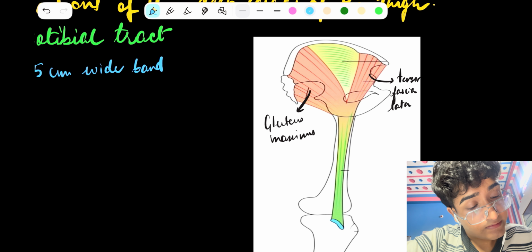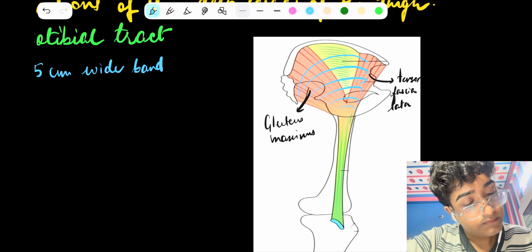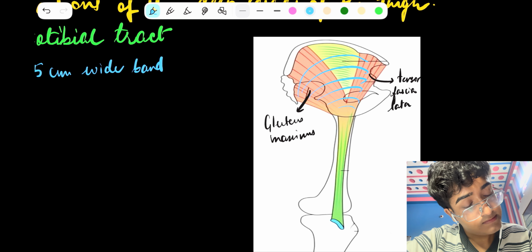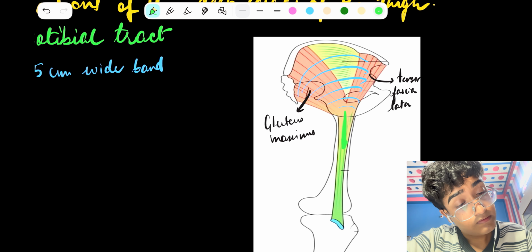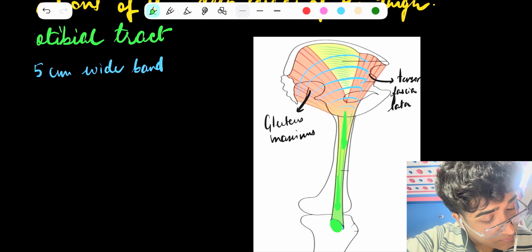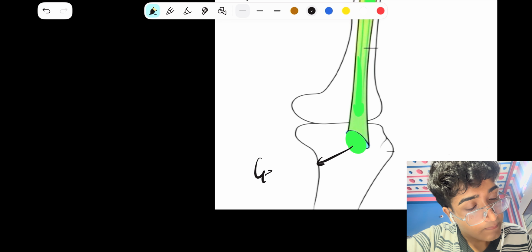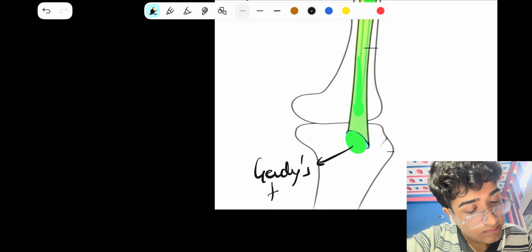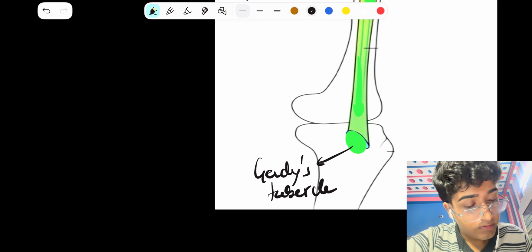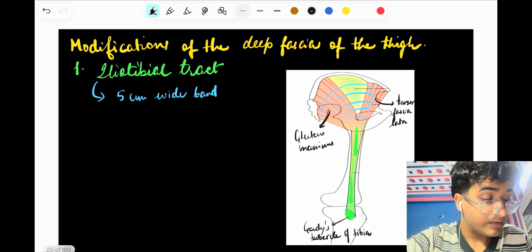The fascia covering these two muscles extends below and gets attached to this area. This area is known as the Gerdy's tubercle of the tibia.